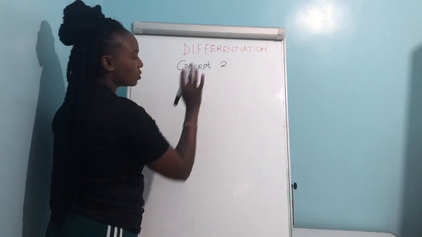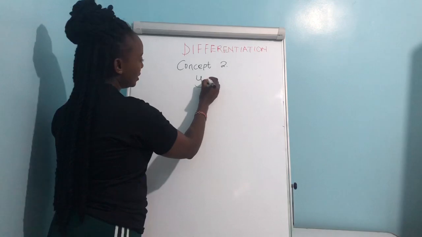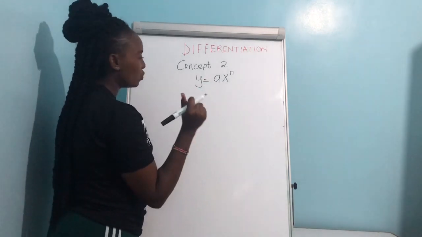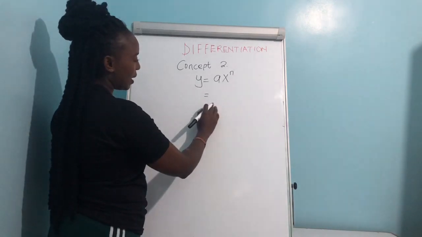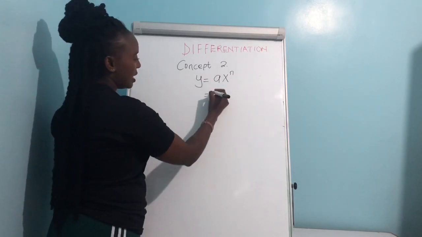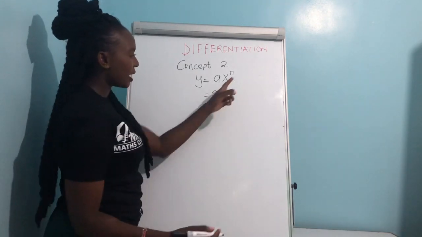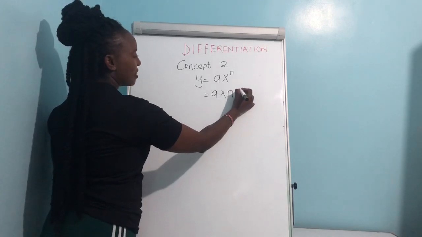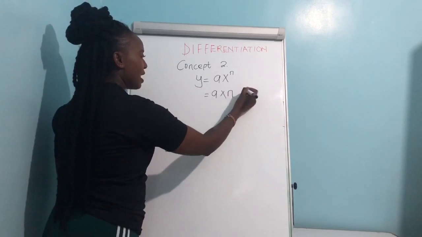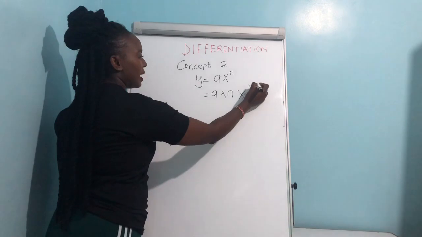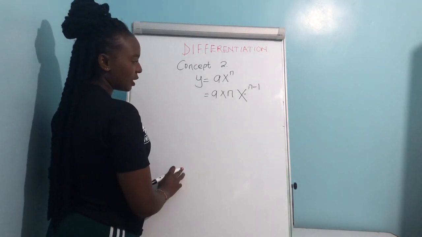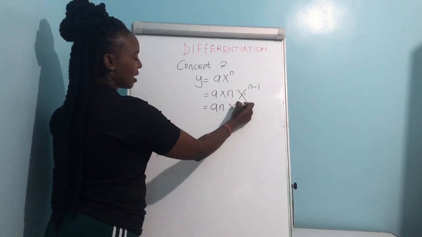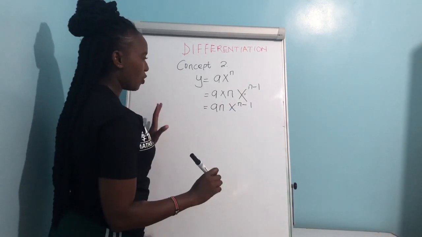Under the second concept, when given y is equal to a x^n, your answer will be a multiplied by, again you bring the n before x, so multiplied by n, then we have x^(n-1). So it's going to be a n x^(n-1). That is how you do it.